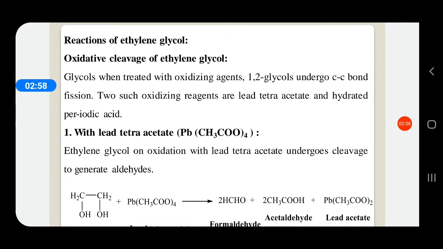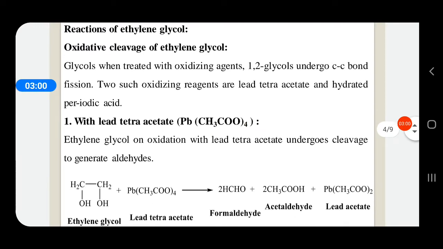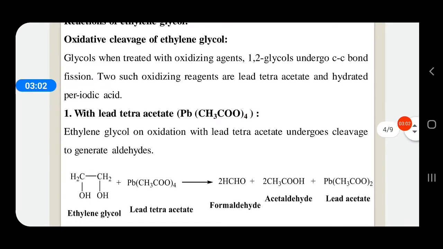Here oxidative cleavage of ethylene glycol is discussed. So glycols are treated with oxidizing agents. What are oxidizing agents? Oxidizing agents are compounds or substances which undergo self-reduction and help in the oxidation of other compounds.